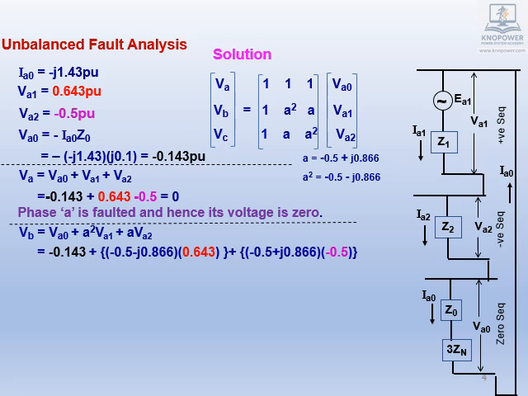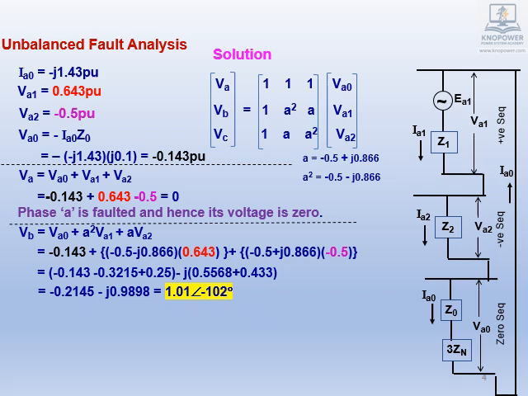Substituting the values, we get the expression shown. Further simplification leads to VB equals 1.01 angle minus 102 degrees.